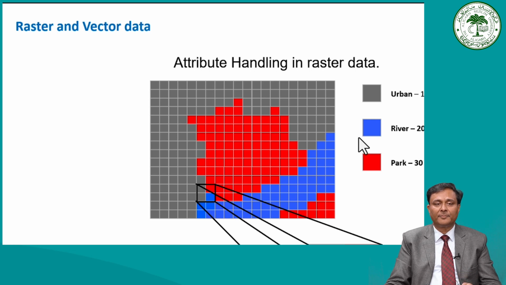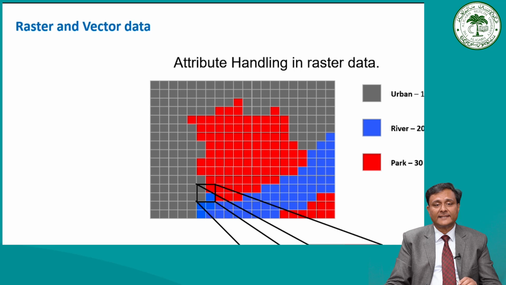And that digital number would result in transforming the whole of the raster data according to the digital number assigned to them. And since we know that 10 is assigned to urban, we will ultimately know this digital number, which we may also assign a certain color, and that way the picture image will come for our better understanding.